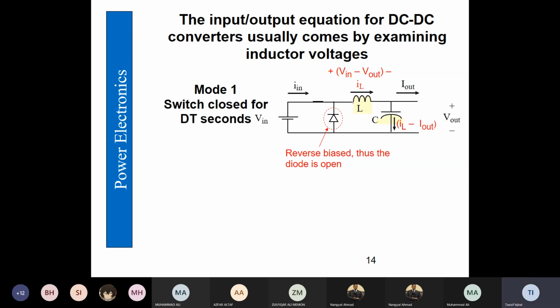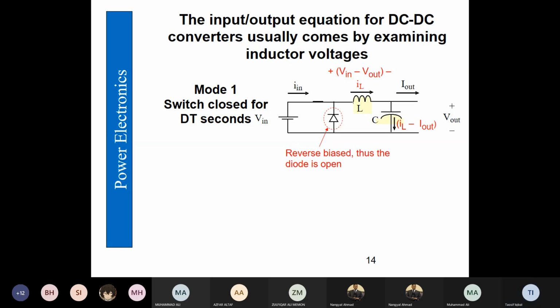So now let's move on to the working of the buck converter. When we close the switch, that is mode 1, and when we open the switch, that is mode 2. First, let's see what happens when the switch is closed.